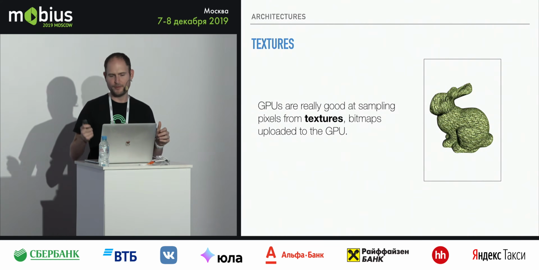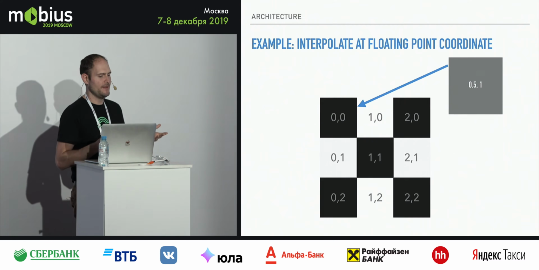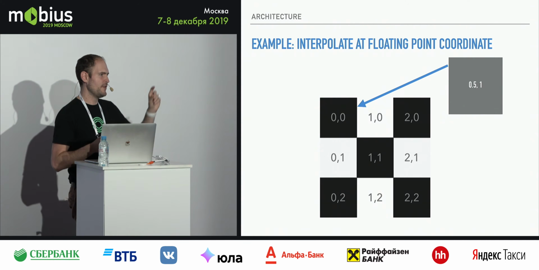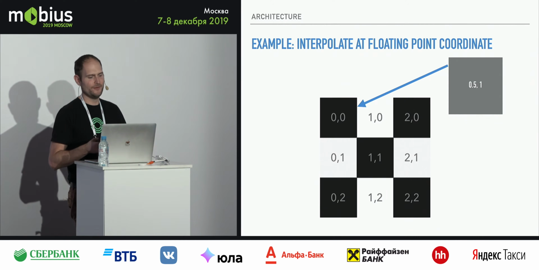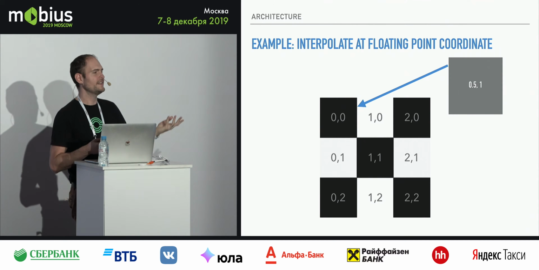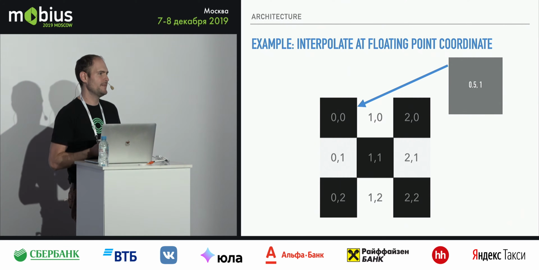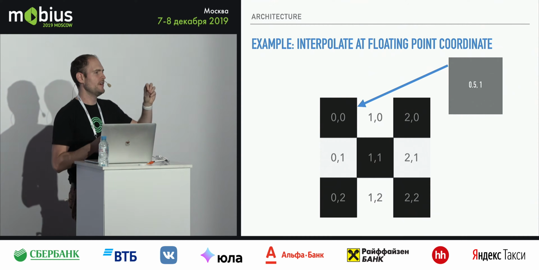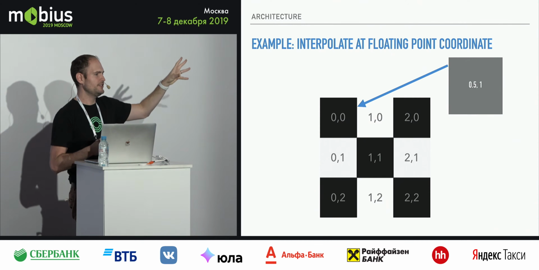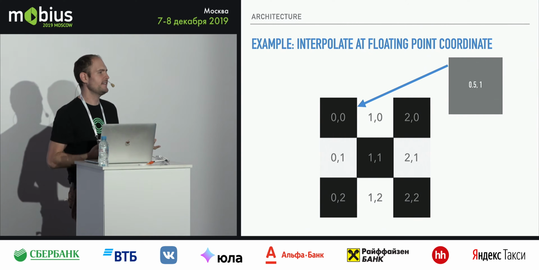Now, for example, imagine that you have an image that's just a checkerboard pattern where every pixel is black and white. Now, if this were just an array of arrays, you'd only be able to read the discrete color values at each coordinate, right? You could read 0, 0, or 1, 0, and you'd get black and white data. But what would happen if you wanted to read a floating point value in between, which you're going to want to interpolate between these values all the time, like if you're enlarging your image or if you're rotating it and you want to anti-alias it?